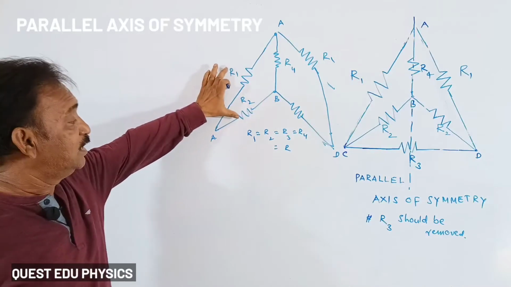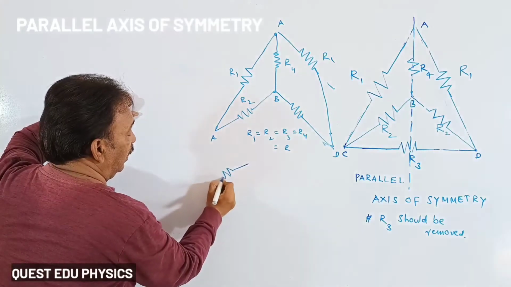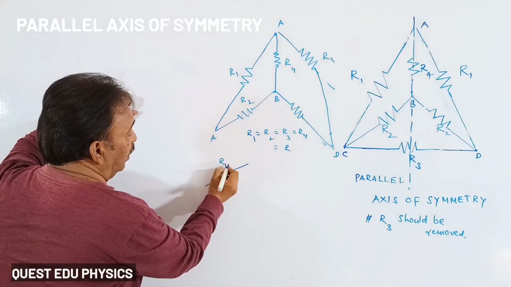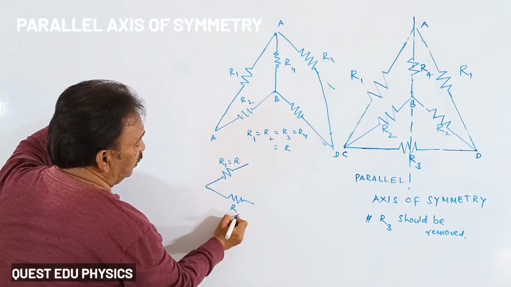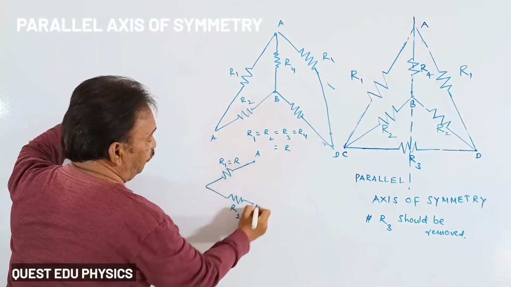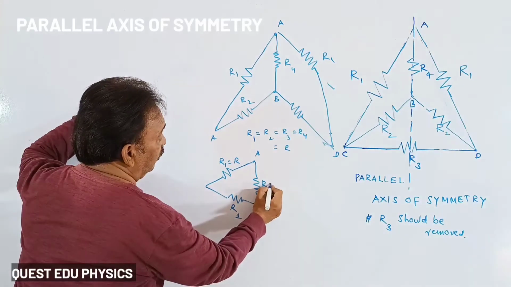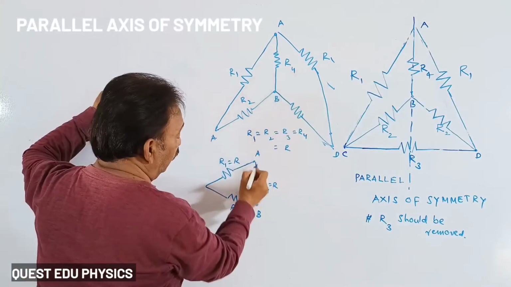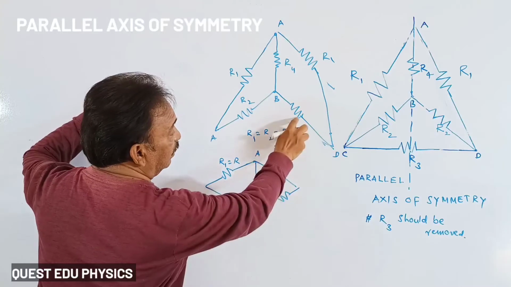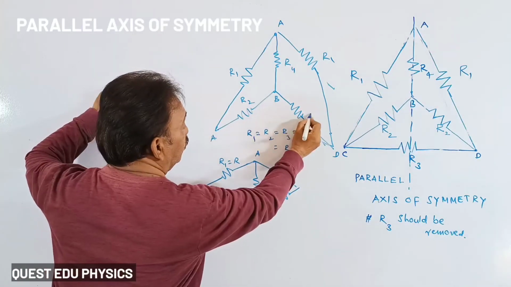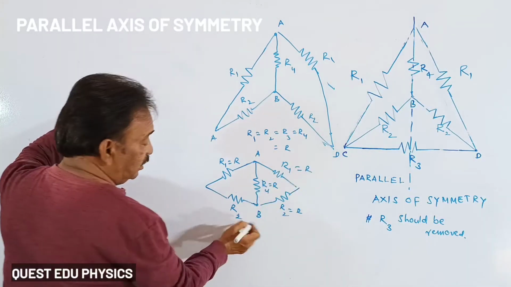Okay, students. Now see, I'm redrawing this circuit again. I'm making it straight. You see, now I get this resistor R1 has a magnitude of R and it is R2. Okay, students, and it's the point A and it is the point B. In between I have a resistor R4 which has the resistance of R, and R1 here. I said it is R2 again, it has a resistance of R again.